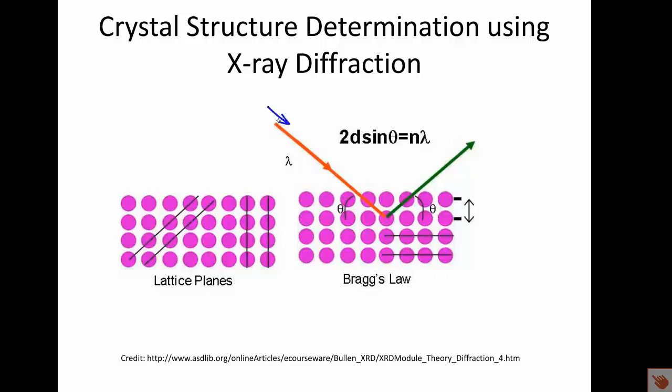If we have an X-ray beam incident on the sample from a certain angle, a reflected beam or a diffracted beam has a strong intensity when this relationship, called the Bragg relationship or Bragg's law, is satisfied, where d is equal to the interplanar spacing.